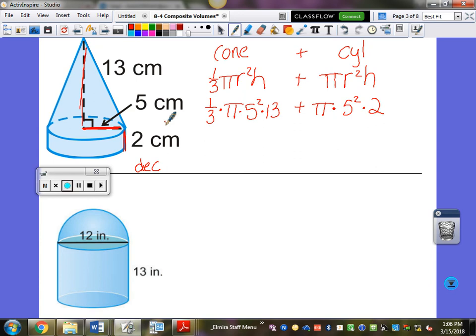Don't forget to switch in the middle and put a plus sign. So plus pi times 5 squared times 2. And the answer on my calculator is 497.4. And I'm going to keep the 4 because there's a 1 after it, and 1 tells the 4 to stay the same for rounding purposes.